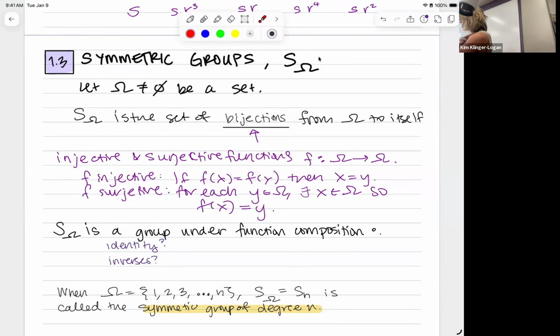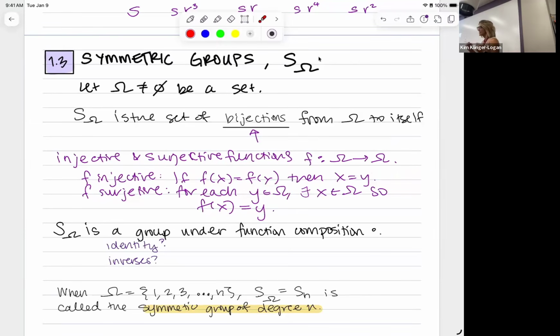If I pick a function from Omega to itself, it's injective if whenever the outputs were equal, it turned out the inputs were actually equal. So two different elements aren't going to the same place. It's also surjective if I hit every element in the codomain.